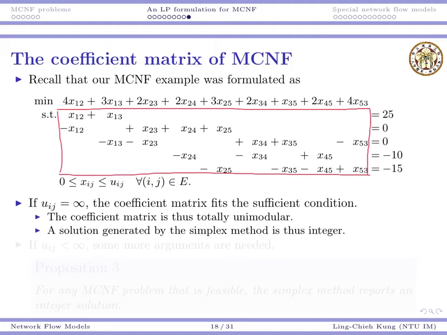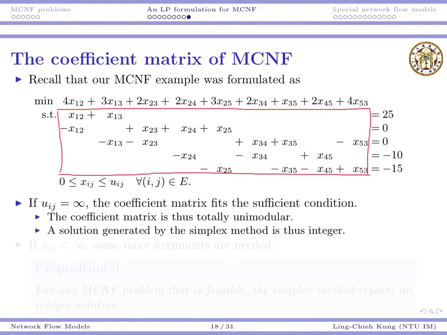This coefficient matrix will fit our sufficient condition. Why? First, each column has exactly one 1 and one minus 1, so there are just 2 non-zero numbers. And also, all numbers are either 0 or 1 or minus 1, so the first 2 conditions are satisfied.